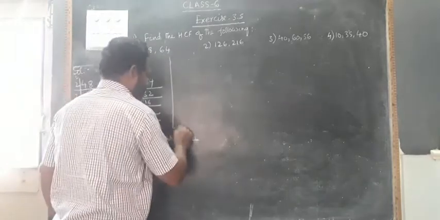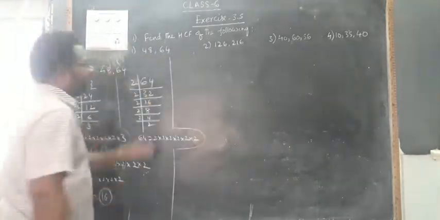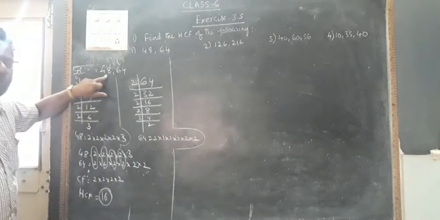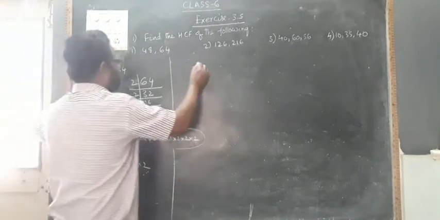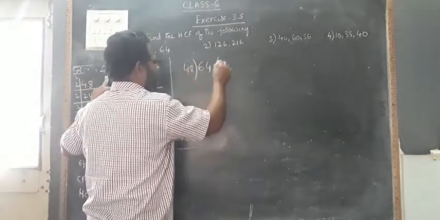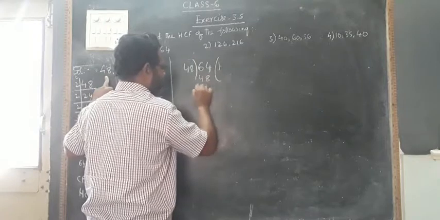Now we shall go for the division method. In the division method for 48 and 64, the bigger number is 64 and the smaller number is 48. So the bigger number 64 should be divided by 48. 48 1 is 48.